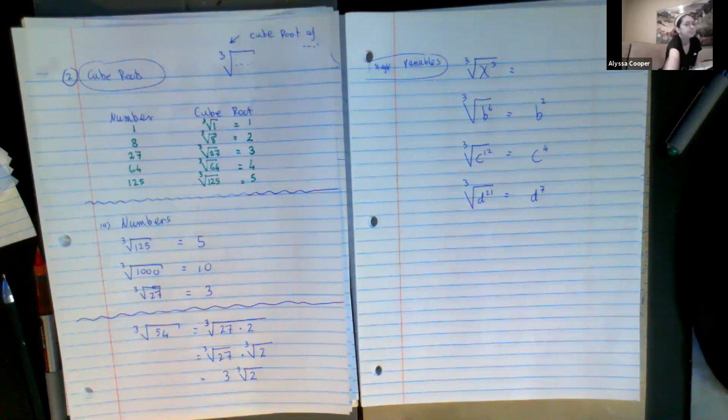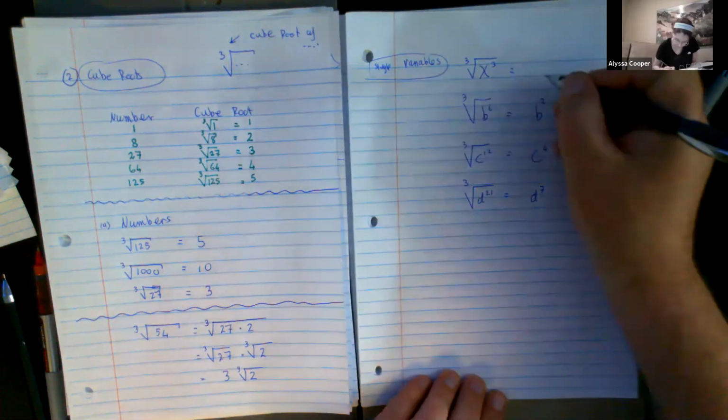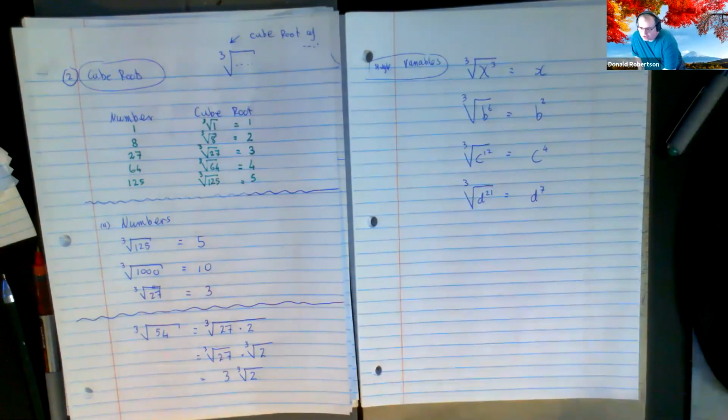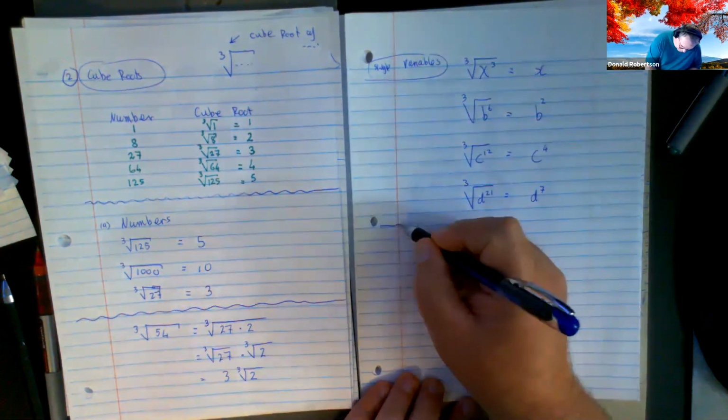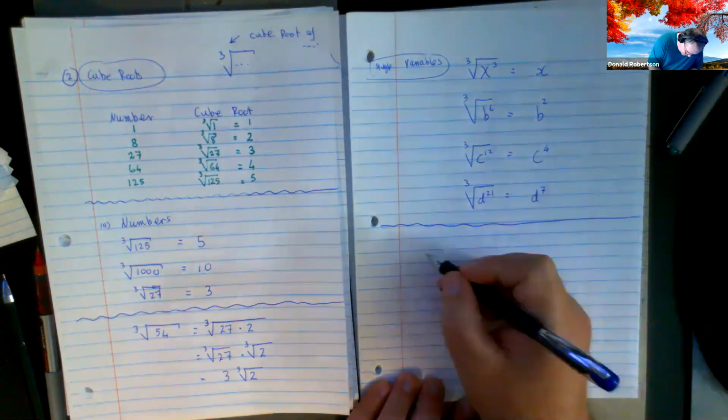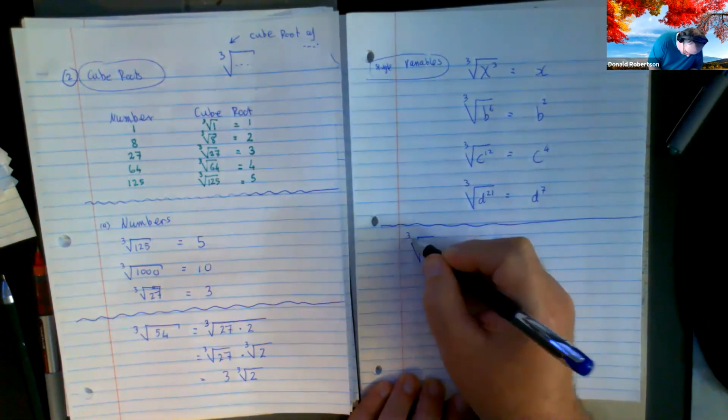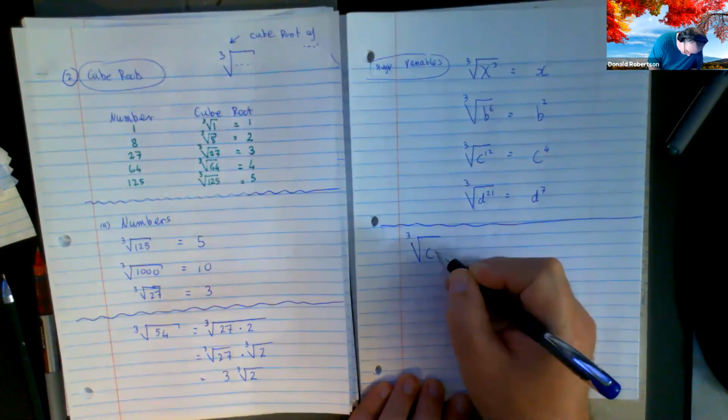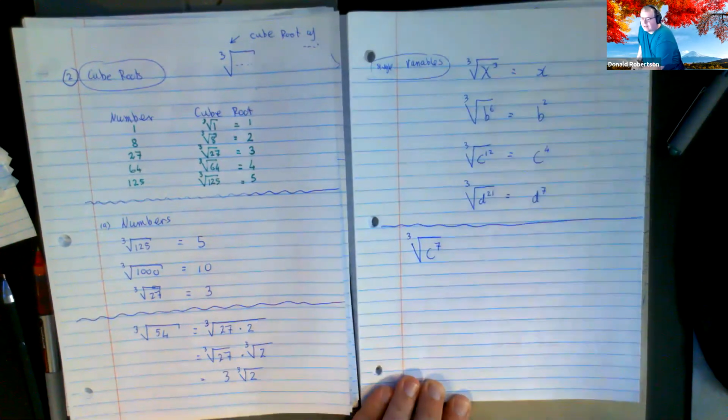X. Just X. Are you comfortable then about cube roots of powers that are in the 3 times table? So the cube root of d to the 300 would be d to the 100, right? They're not the hard ones. The hard ones are single powers that are not in the 3 times table. Like that guy.